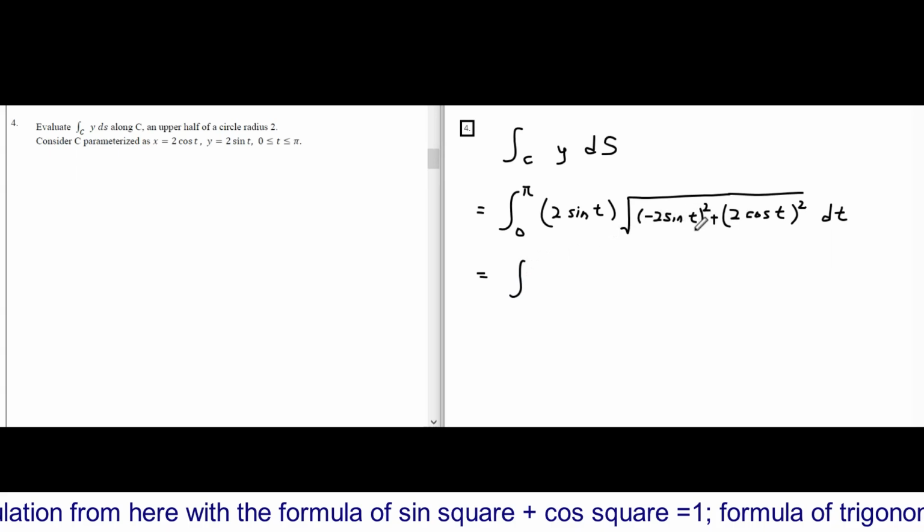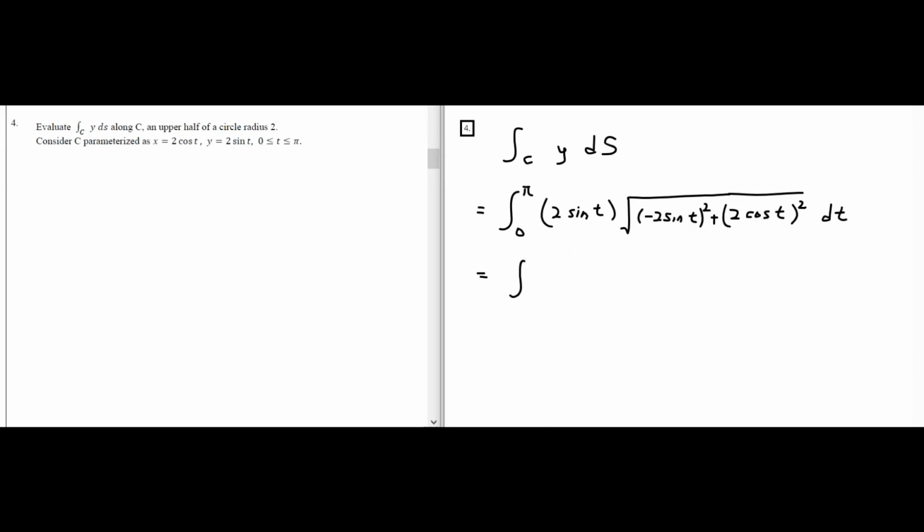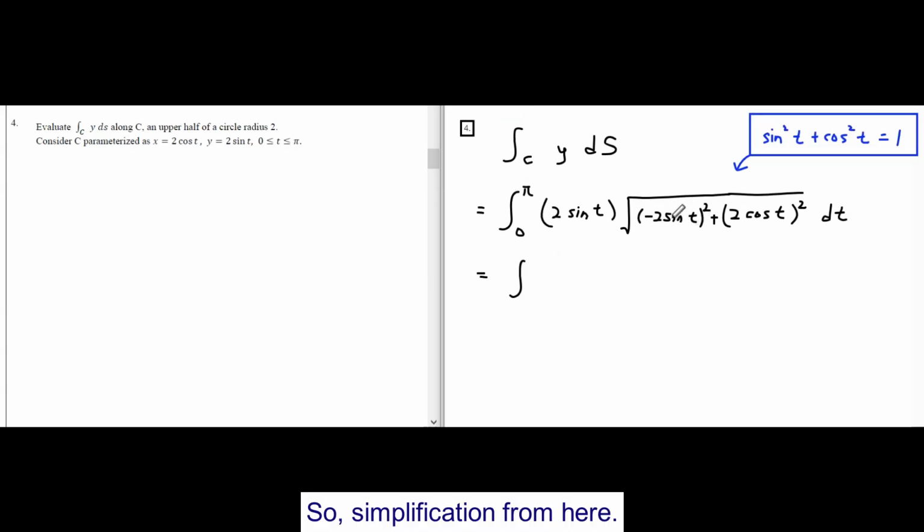Calculation from here with the formula sin squared plus cos squared equals 1, a trigonometry formula.